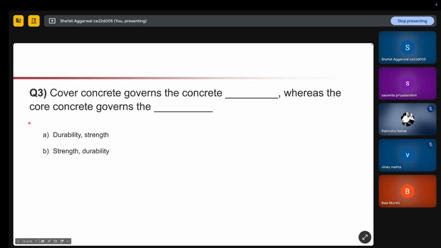So if this is any beam and we have stirrups here, mostly our cover concrete will be affected by the corrosion problem. So cover concrete will govern the durability, and our core concrete will provide the strength to the concrete system.